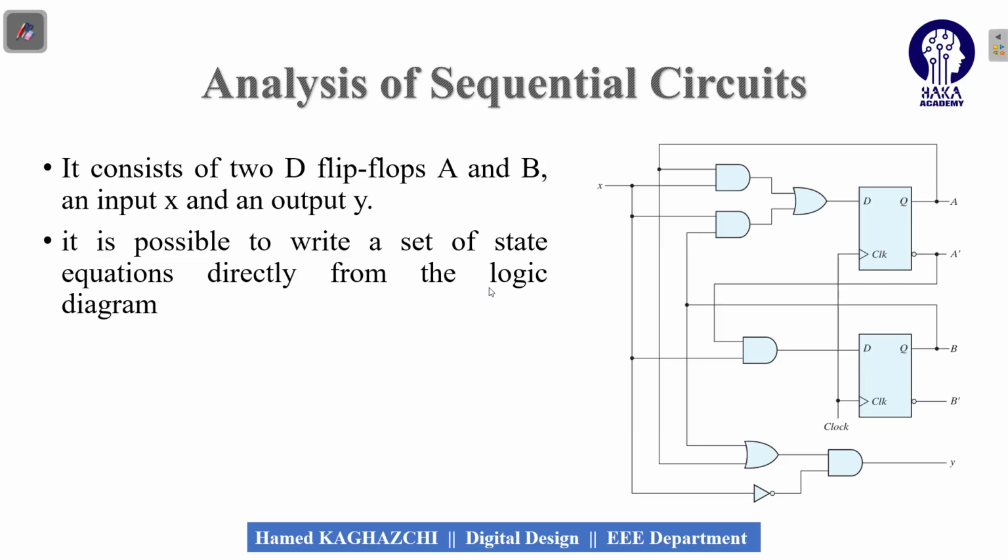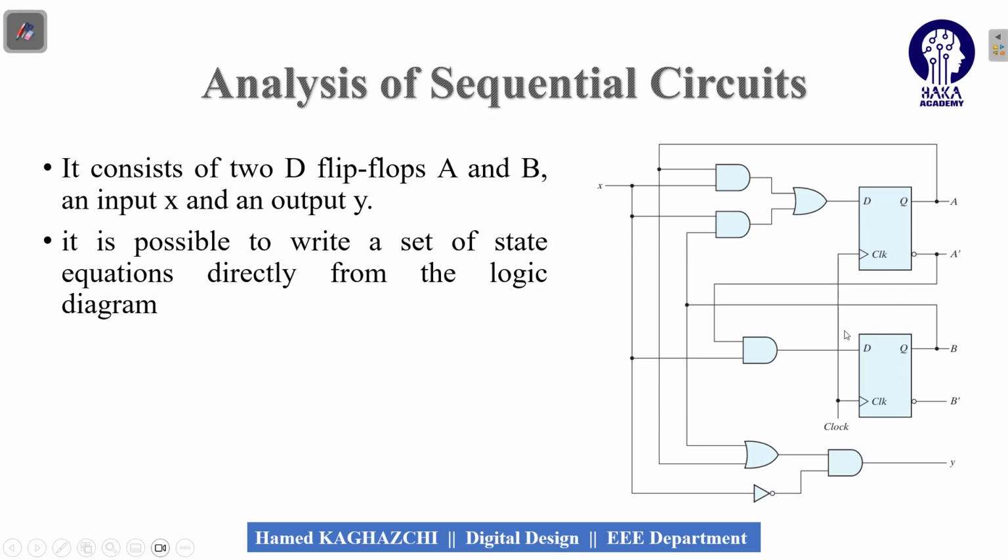Now this is one of the sequential circuits. You can see that here we have the combinational circuit and also a storage memory. It means that all of this circuit is a kind of sequential circuit. Now if you look here, you can see that we have two flip-flops.